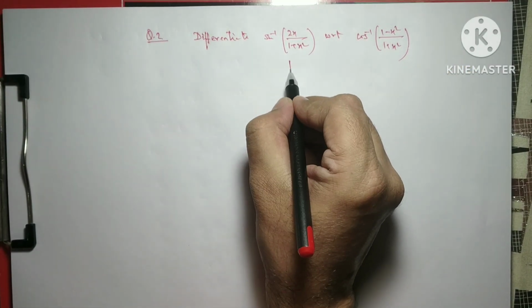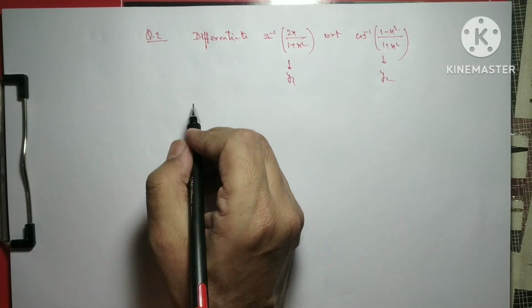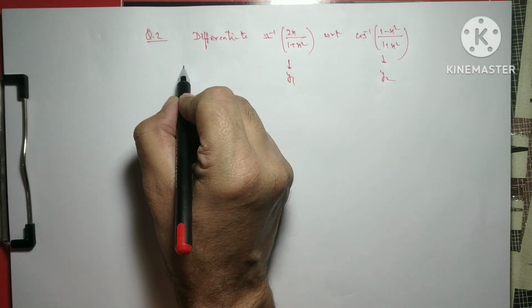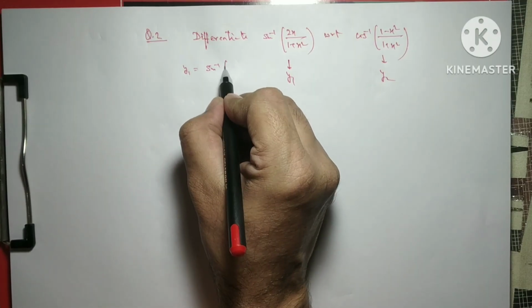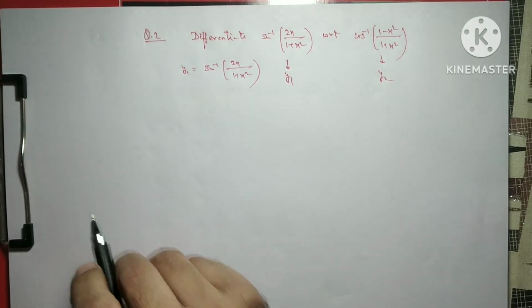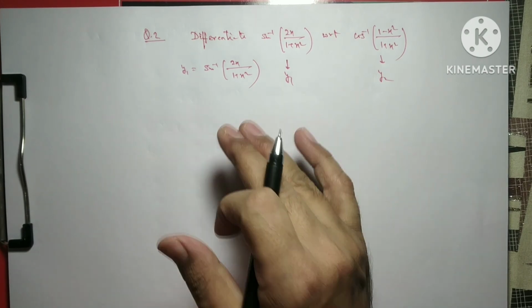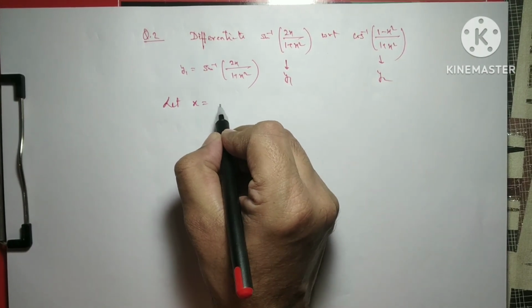So it is y1 and this one is y2. So first y1 is this, so we substitute value x equals to tan theta.